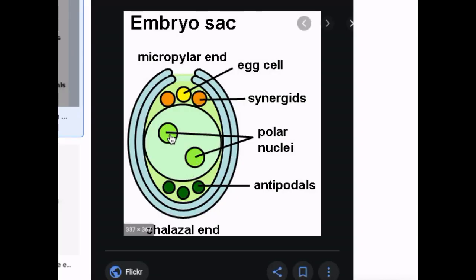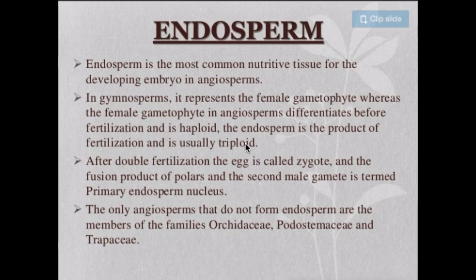How is it triploid? Here you have one cell which is haploid, right? And then another cell here is haploid. I cannot draw it here, but there will be another cell here which will fuse with the polar nuclei. That cell is going to be called the male cell. So three haploid nuclei are going to fuse together, so it becomes triploid.